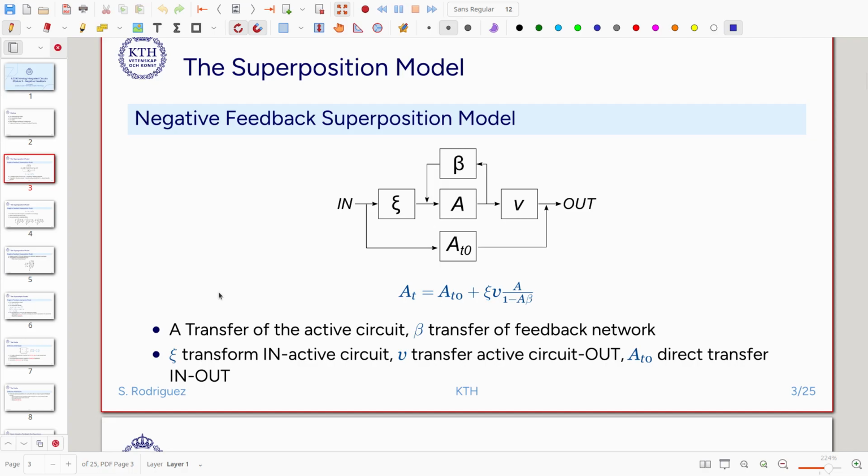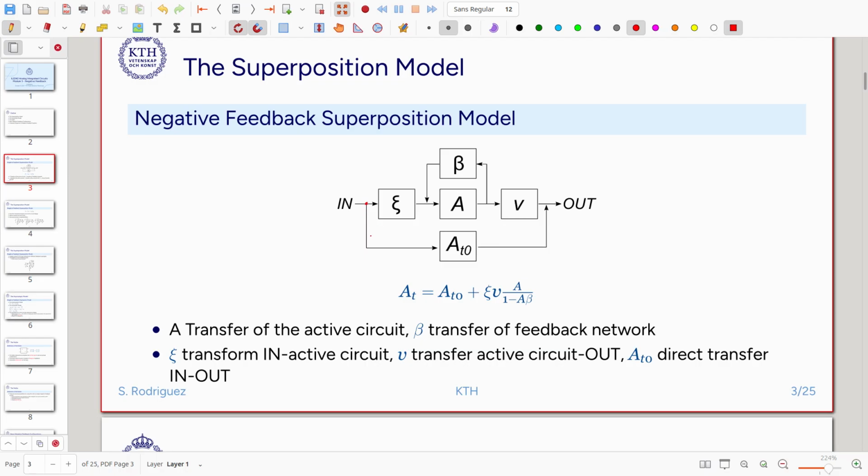So the negative feedback model can be presented in the following way. We have an input that enters a system, and this input can take two paths.